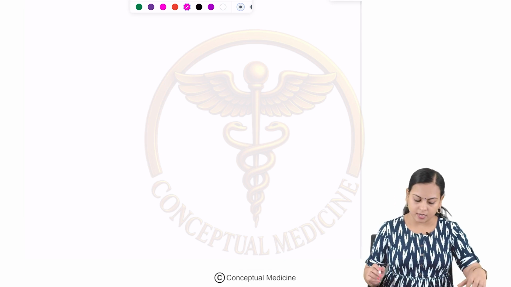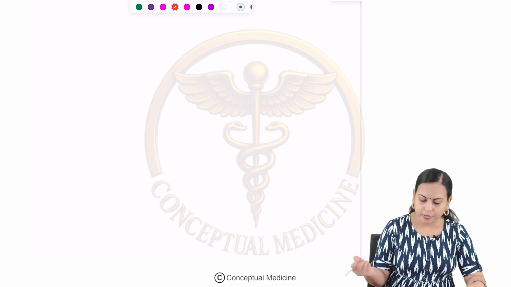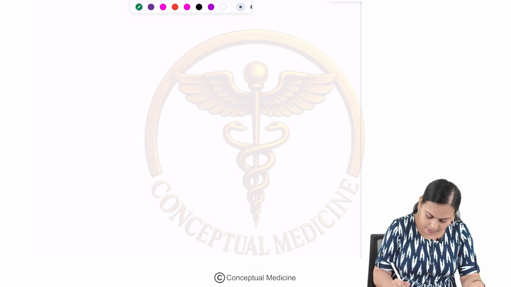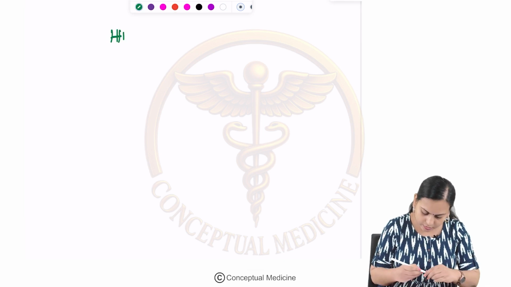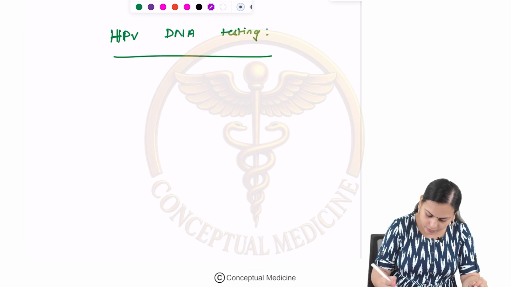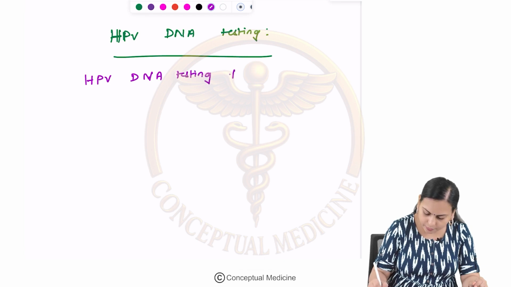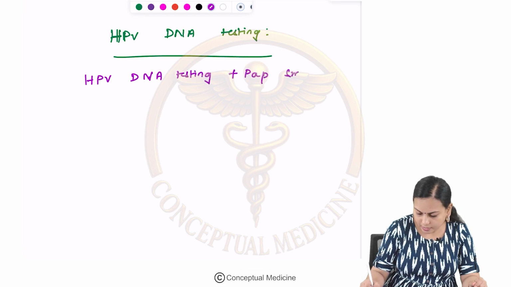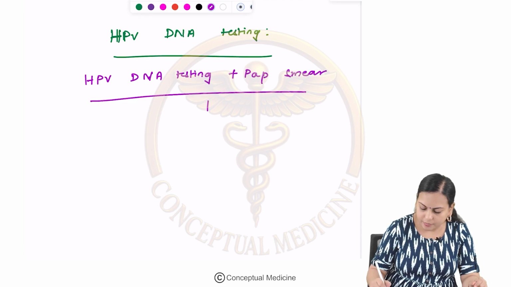Clear? Now, another important investigation you have to know is HPV DNA testing. You can even combine this HPV DNA testing with your pap smear, and that can be mentioned together as co-testing.